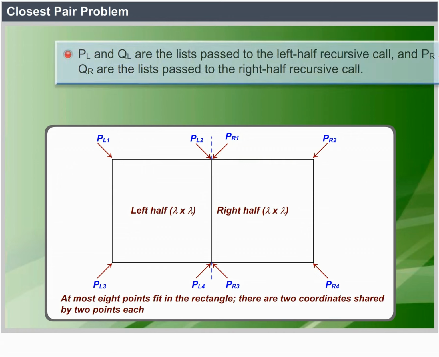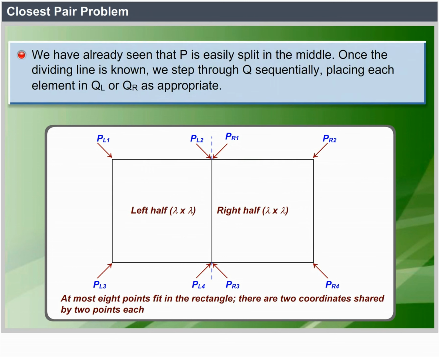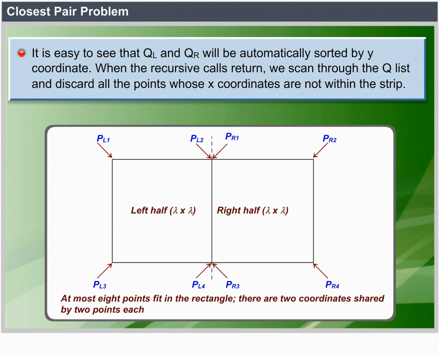We have already seen that P is easily split in the middle. Once the dividing line is known, we step through Q sequentially, placing each element in QL or QR as appropriate. It is easy to see that QL and QR will be automatically sorted by y coordinate. When the recursive calls return, we scan through the Q list and discard all the points whose x coordinates are not within the strip.